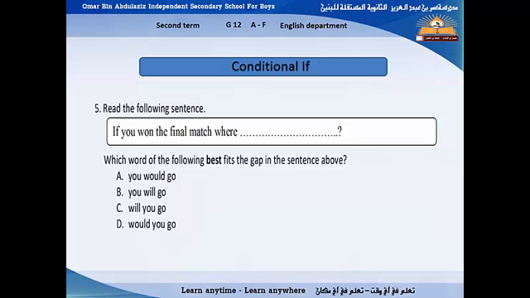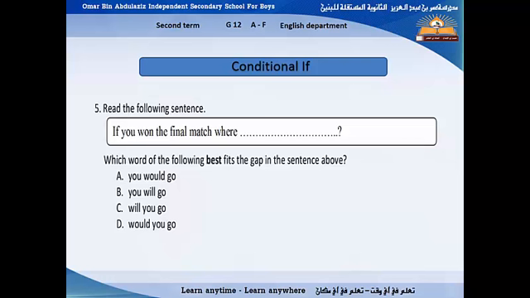What does that mean? Let's revise the second conditional. If is followed by past simple and then would or should or might plus the infinitive. So here: you would go, or you will go, or will you go, or would you go. We have two choices including would, but which one is right?